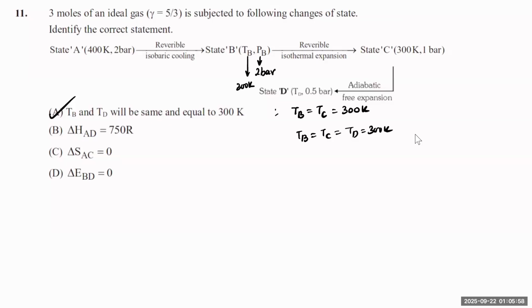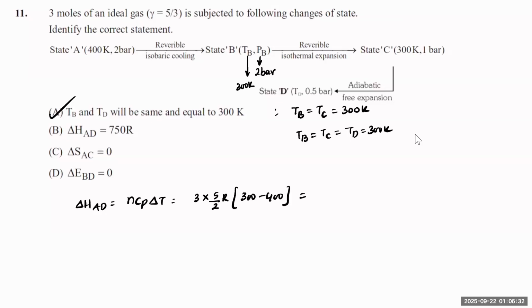Next. Delta H of A to D. What is the temperature change here? D is 300. So delta H of A to D will be equal to nCp delta T. So 3 into Cp value; gamma is 5 by 3, which means it is monoatomic. So 5 by 2 R into T2 minus T1. T2 is 300 minus 400.